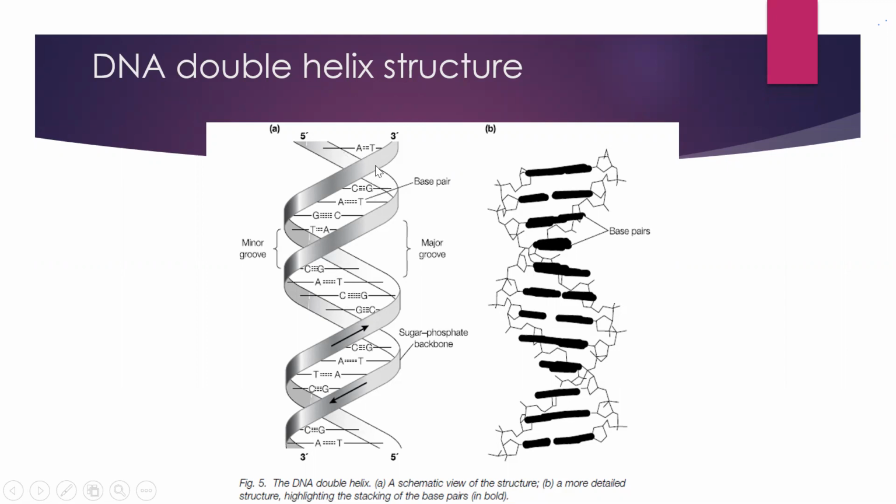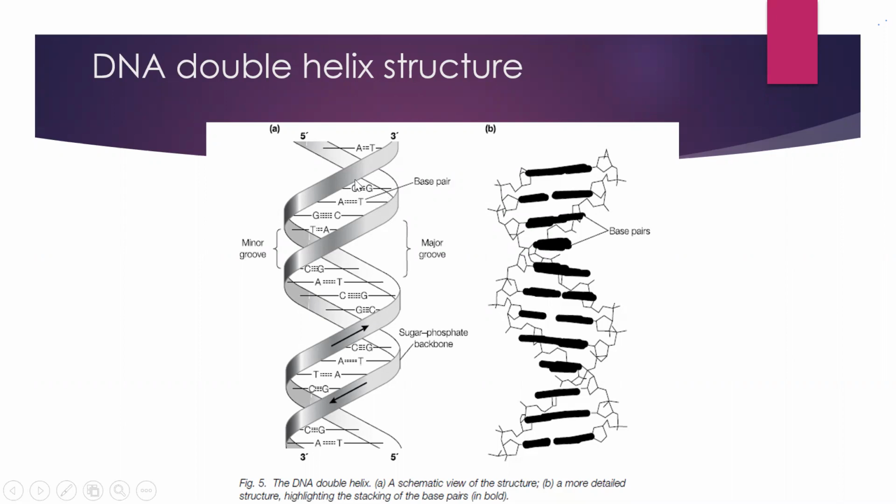And how are both the strands held together? There is no covalent linkage, sorry. These 2 strands of DNA are held together by non-covalent linkage. There is no covalent bonding. Here the non-covalent linkage is the hydrogen bonding between the base pairs of the opposite strands.